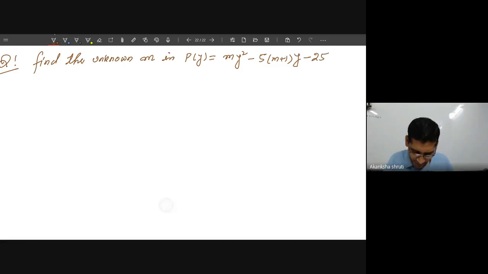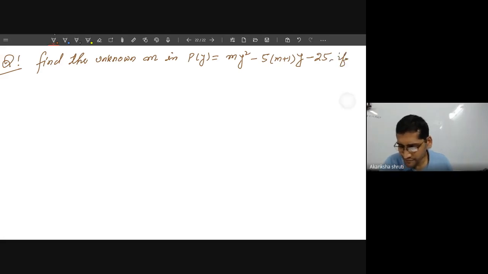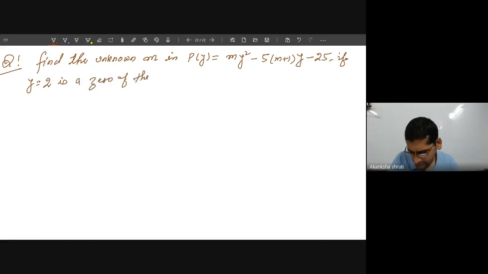So we have to calculate the unknown m in this p(y), if y is equal to 2, is a zero of this polynomial.